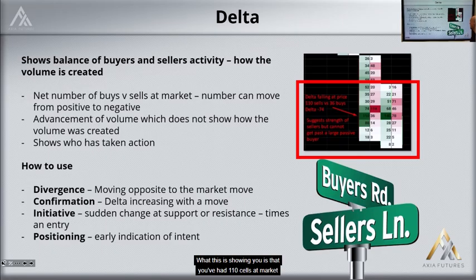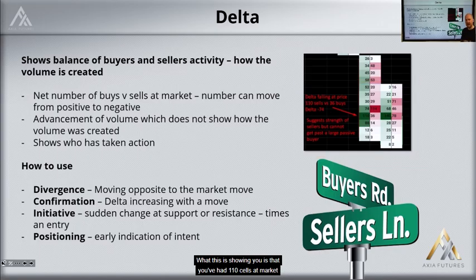What this is showing you is that you have had 110 sells at market at that price. You've had 36 buys at market. So 36 times someone has lifted the offer, 110 times somebody has hit into the bid. So this gives you a negative delta of 74, 110 minus 36. Total volume here, of course, is going to be 146.